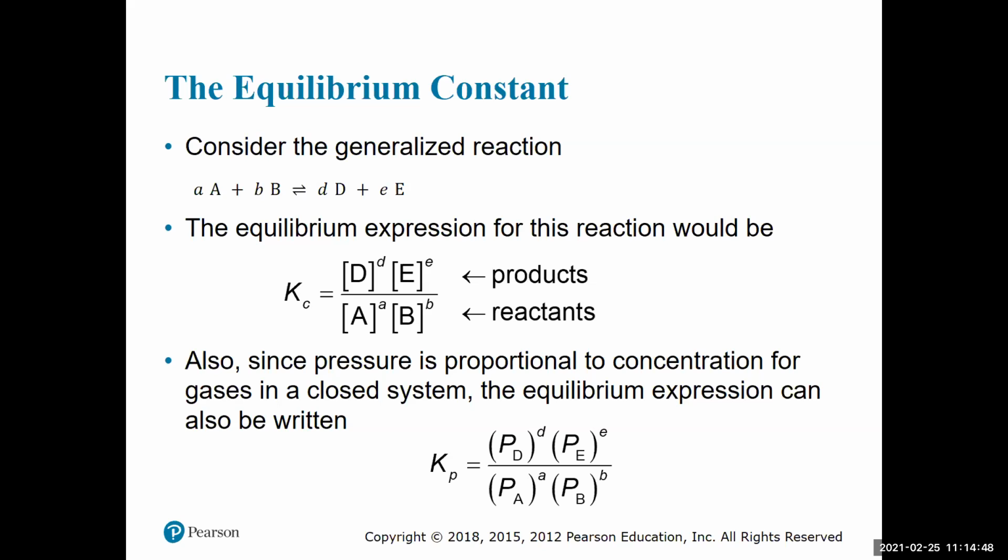But what you'll see is it's essentially the same thing, except you're talking pressure instead of molarity. But it's products over reactants, and then the exponent is based on that stoichiometry. So products over reactants, exponents based on stoichiometry.